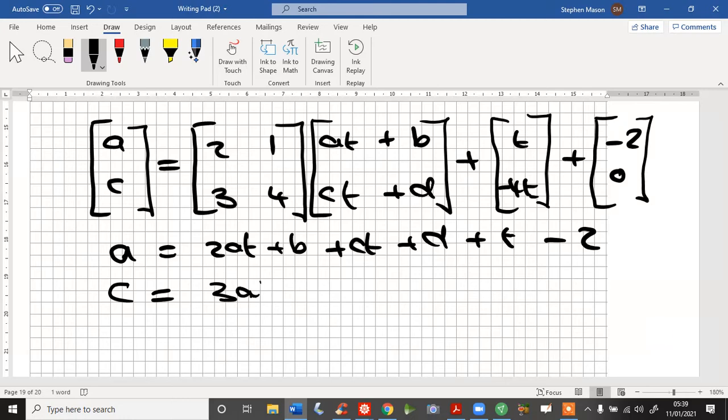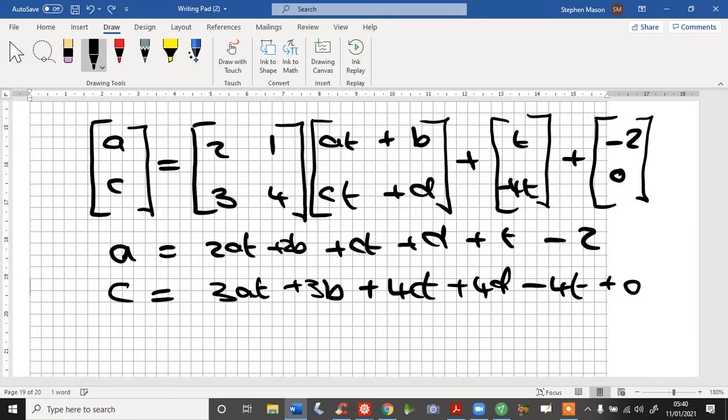So we've got 3at plus 3b there, plus 4, let me see, 3 times all of that, and then 4 times all of that, so it's plus 4ct plus 4d minus 4t plus 0, but we don't need the 0. We'll just leave this off there for now.